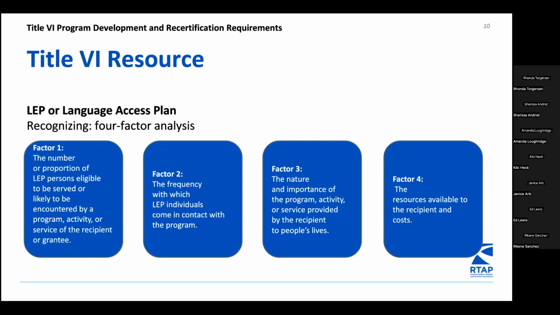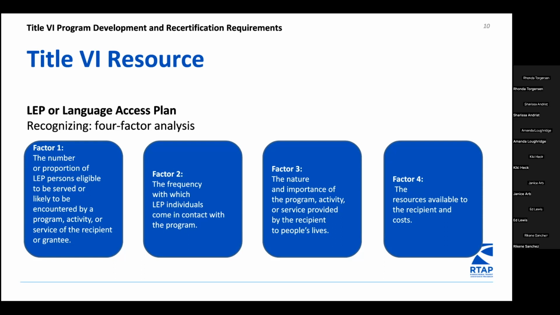Factor 1 talks a little bit more about just gathering the data. So this can be, like we'll look at in a little bit, using census data or resources that RTAP provides. So the actual numbers of LEP persons within your community. But factor 2, the frequency with which LEP individuals come in contact with the program, is more about the provider's experience with LEP individuals.